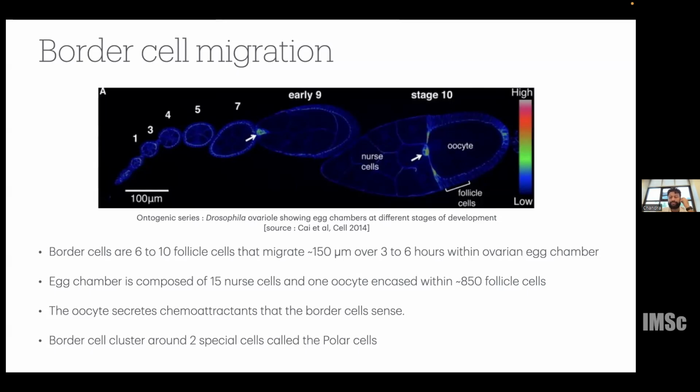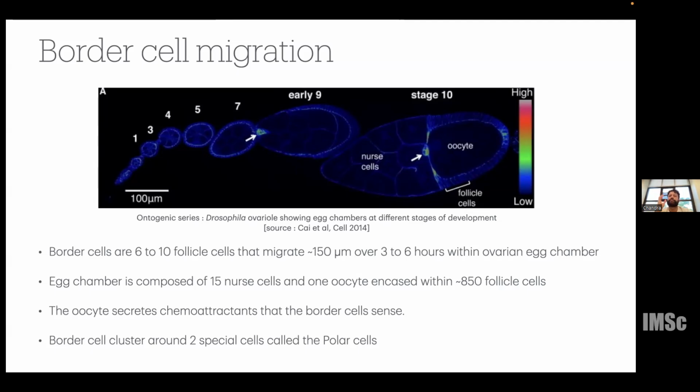The egg chamber is lined by cells called the follicle cells. Among those, about 6 to 10 follicle cells achieve a different fate called the border cells. They enclose two special kinds of follicle cells, which are called the polar cells.